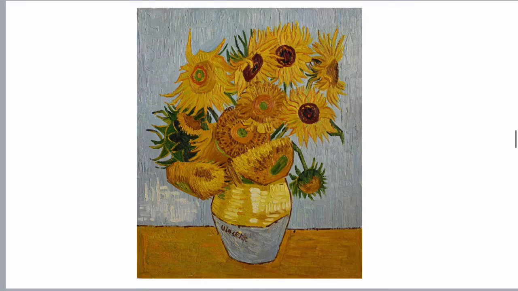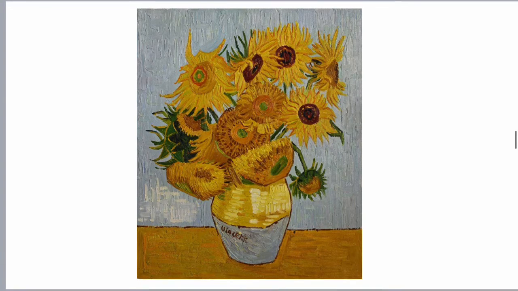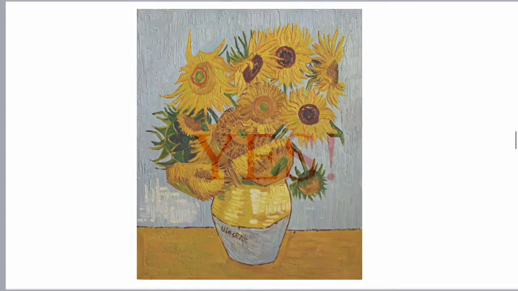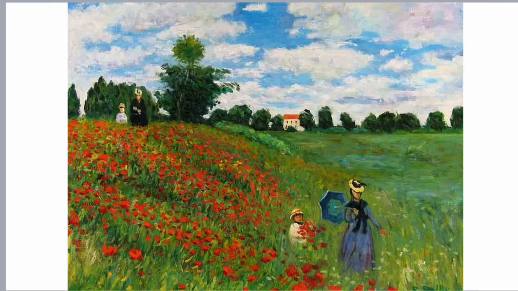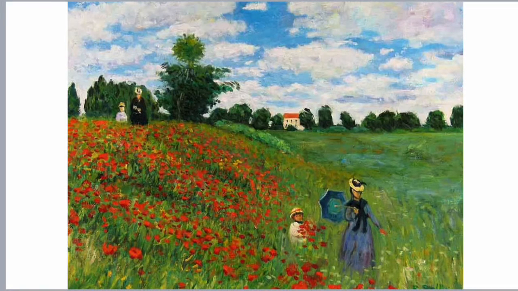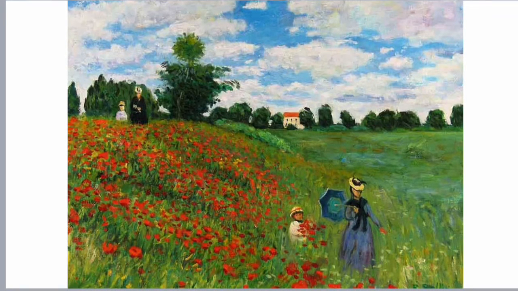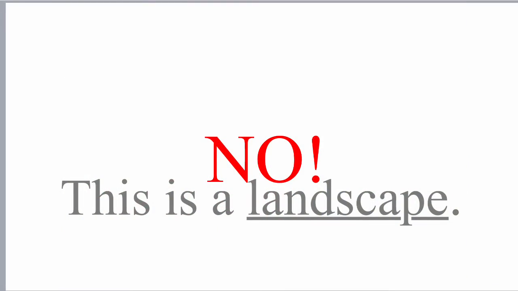Is this painting by Vincent van Gogh of sunflowers a still life? Yes, it is. A good hint is that it's on a table. Is this painting a still life? No, a picture of the land is actually called a landscape.